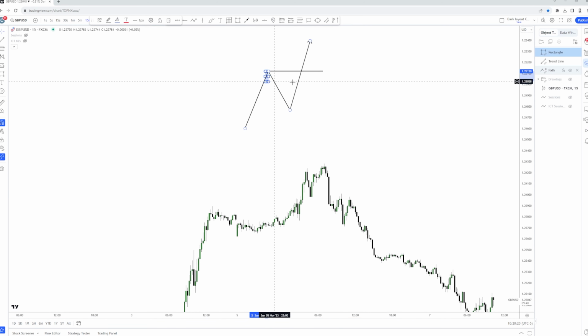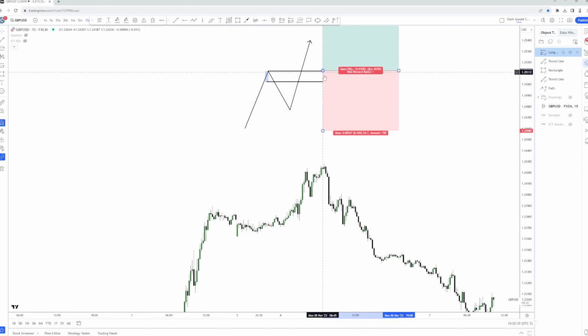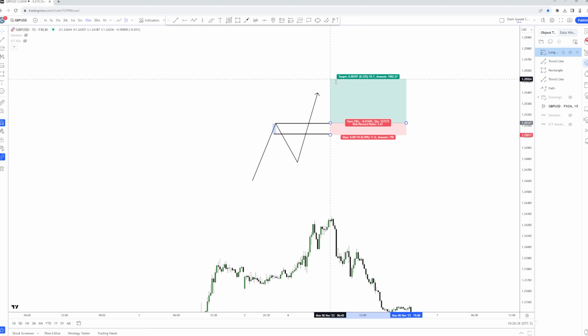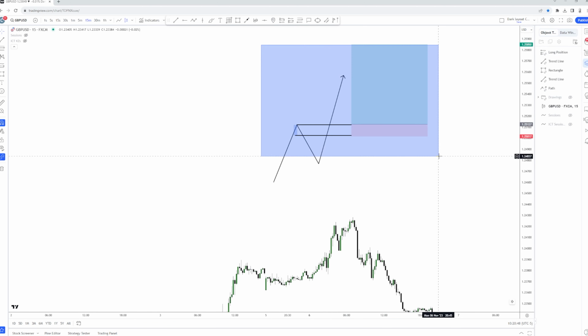You can now use this order block as your point of interest and place a pending order exactly on top of this order block, a stop loss right below it, and then you can take your profits either right here at the top of this impulsive break, or you can take your profits to other points of interest from a higher time frame.